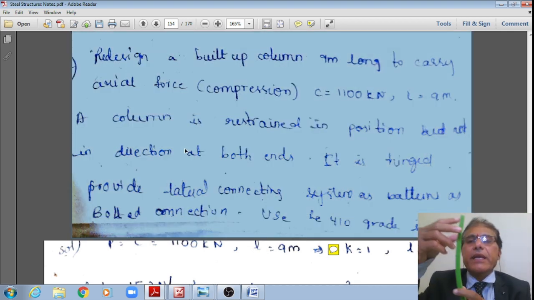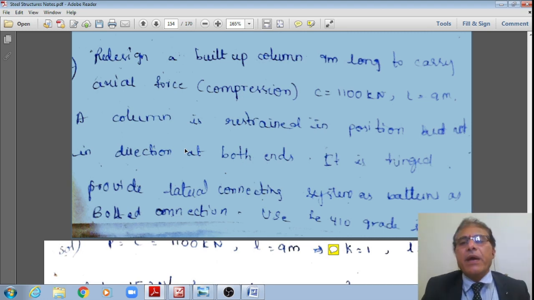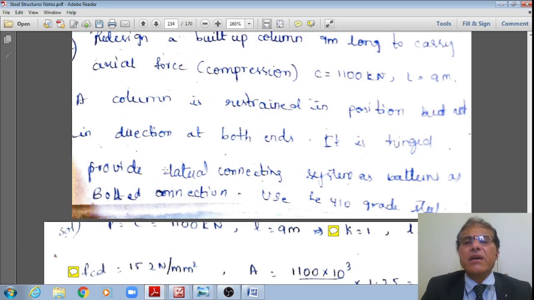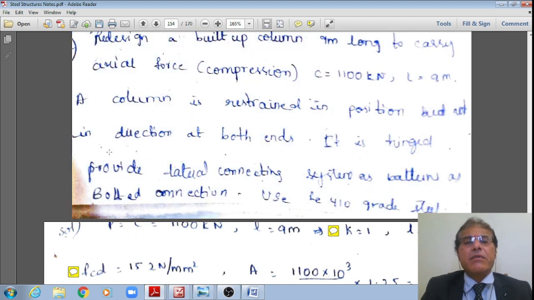The column is restrained in position and held in direction at both the ends, meaning it is hinged at both the ends, and it is provided with lateral connecting systems as battens, right? You provide a battening system.